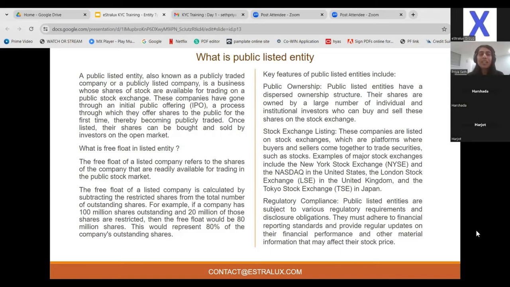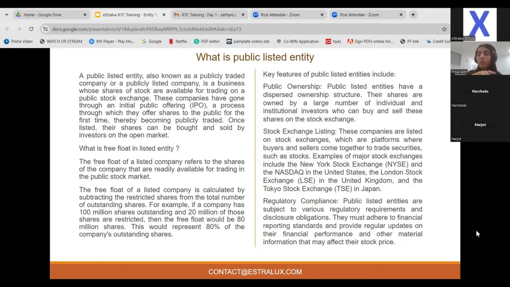It refers to the shares of the company that are readily available for trading in the public stock market. For example, as in the second paragraph, if a company has 100 million shares outstanding and 20 million of those shares are restricted, then the free float would be 80 million shares.